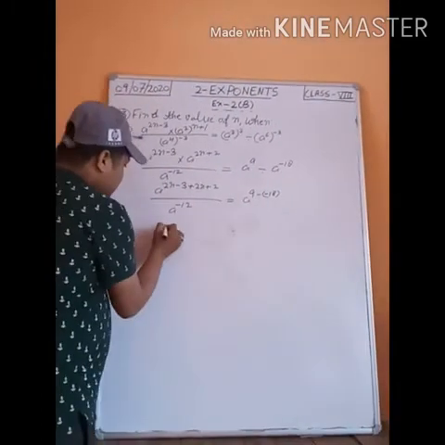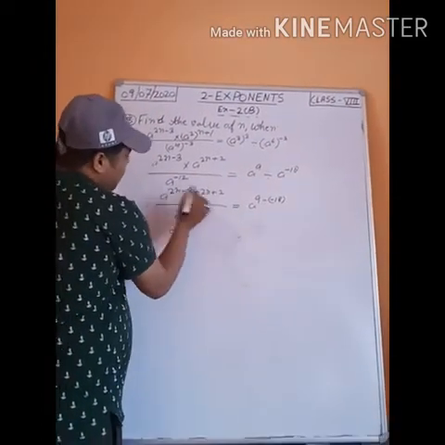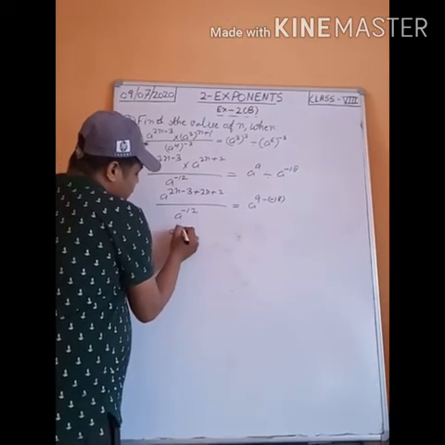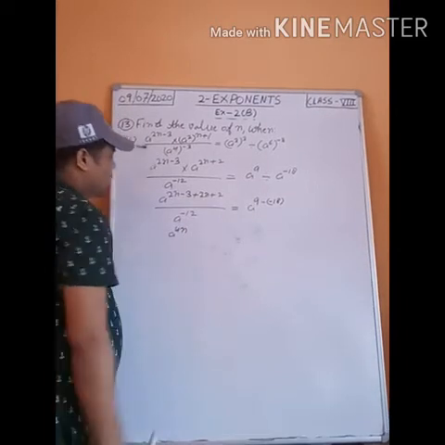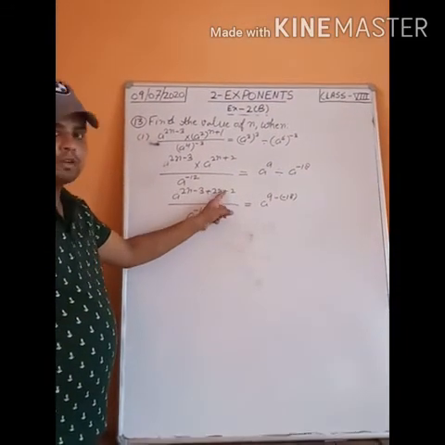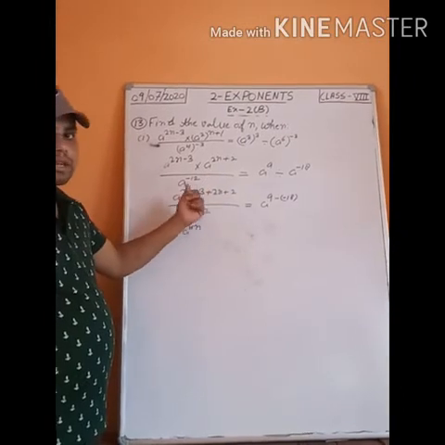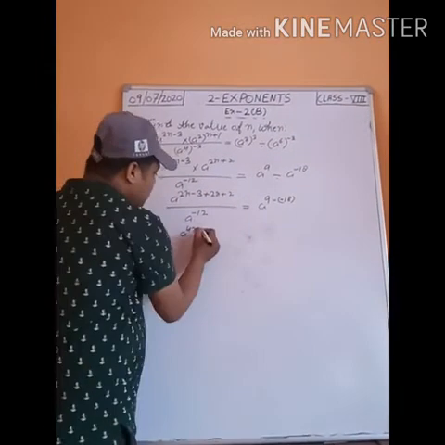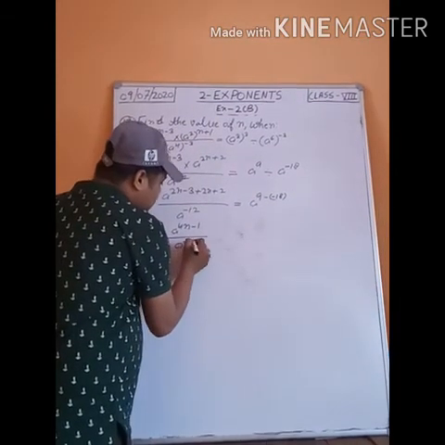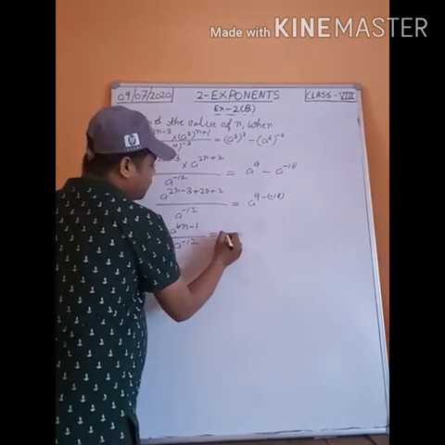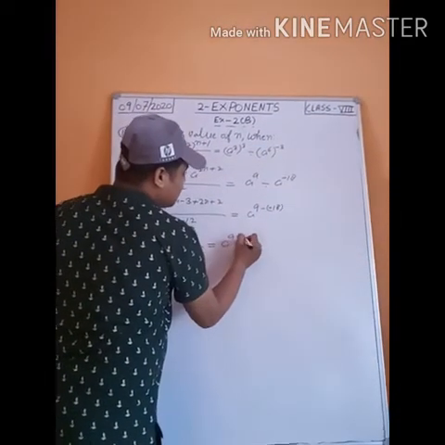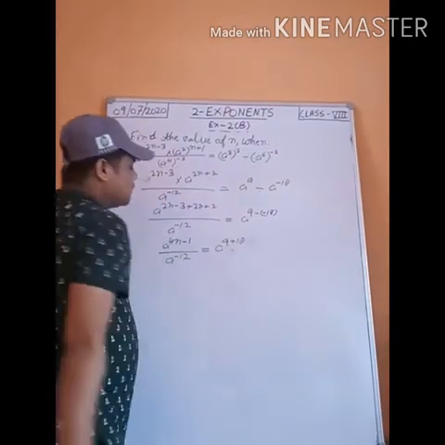Here 2n plus 2n becomes 4n, and minus 3 plus 2, 3 is greater and has the minus sign, so minus 1. So 1 upon a raised to the power minus 12 is equal to a raised to the power 9 minus minus, plus 18, 9 plus 18.